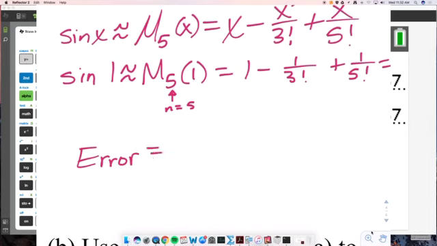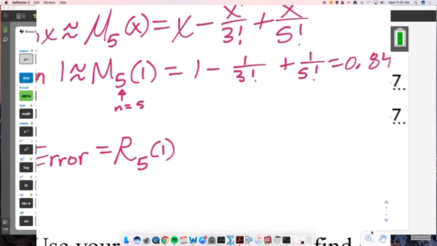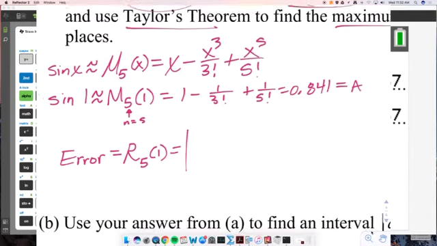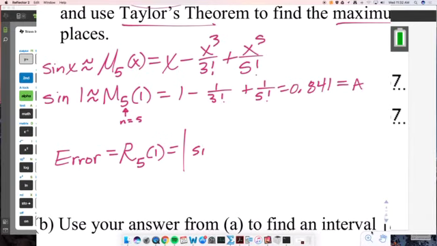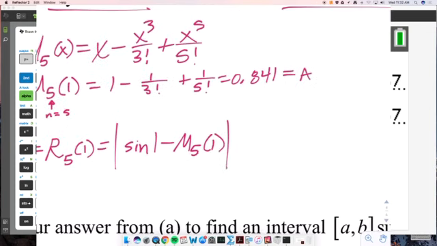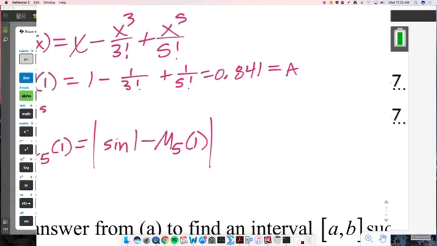The error is actually equal to r sub 5 of 1, which is also equal to sine of 1 minus m sub 5 of 1. That's another way to write it. It's the difference of the actual and the approximation, and those could be flipped either way. So those all mean the exact same thing, and they could ask you in any of those formats.